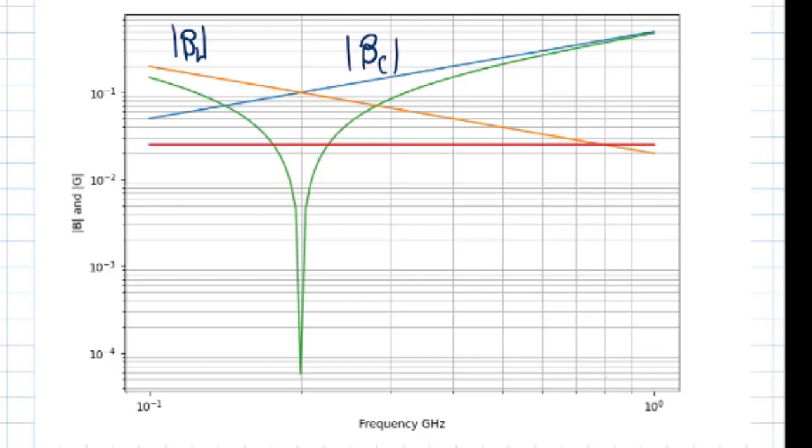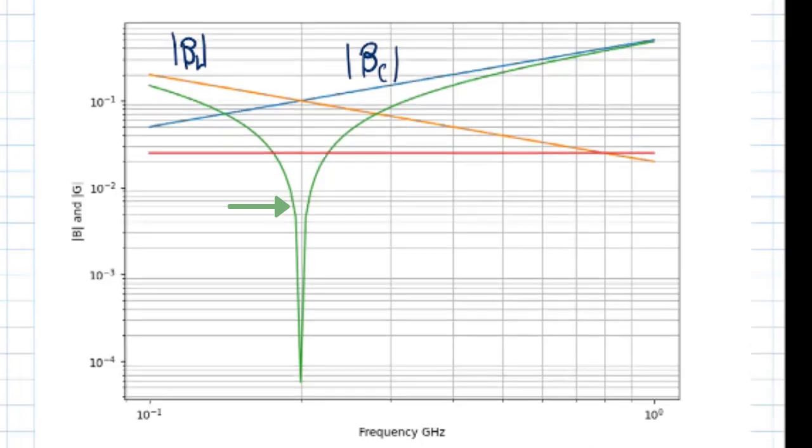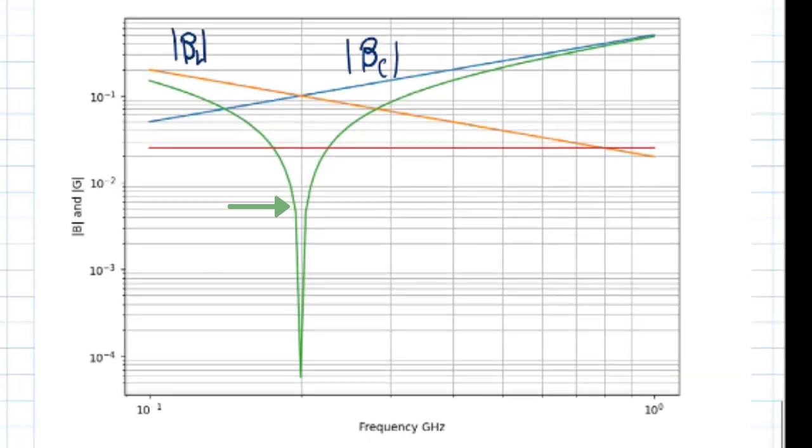And when the two are combined in the shunt circuit shown here, their combined magnitude is plotted in green. And what we're actually plotting is, since they have opposite signs, it's going to be the difference between the two magnitudes.